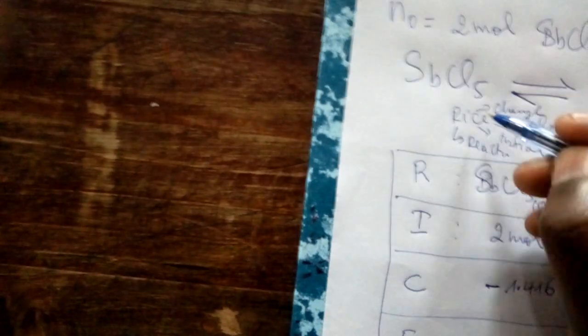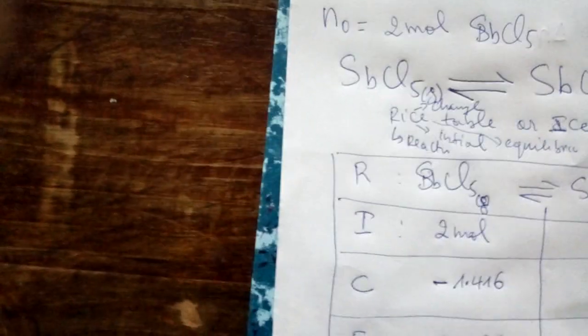Here there is gas, and this is also a gas, not a solid. At the gaseous state, the number of moles of product minus the number of moles of reactant, using stoichiometric coefficients, gives delta n.